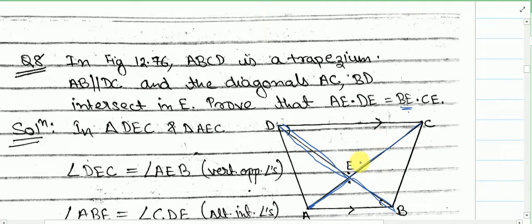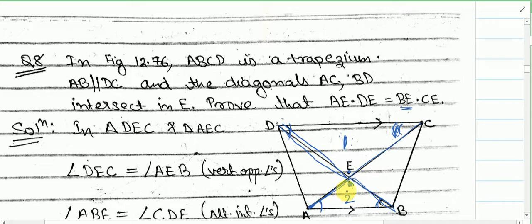So here you observe that since DC and AB are parallel, this angle will be equal to this angle, and this angle will be equal to this angle, and this one vertically opposite. So let's say this is triangle 1, this is triangle 2. These two triangles are going to be similar.